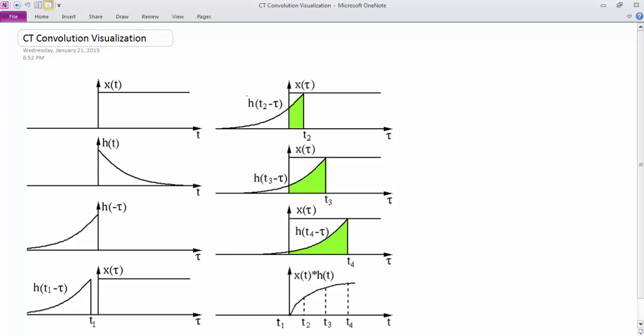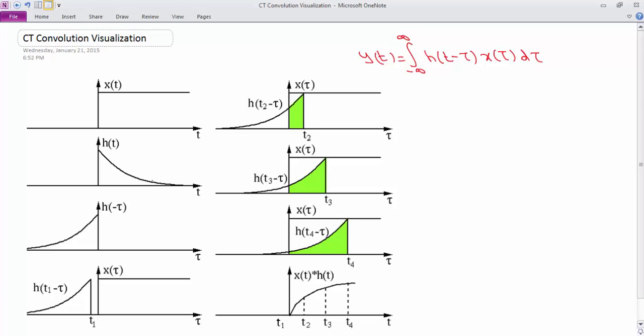So here is a visual of convolution where we are using the version of the integral from minus infinity to infinity of h of t minus tau, x of tau, d tau. This is y of t. So they have given you x of t is this unit step, and h of t is this decaying exponential.